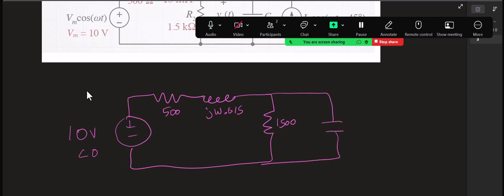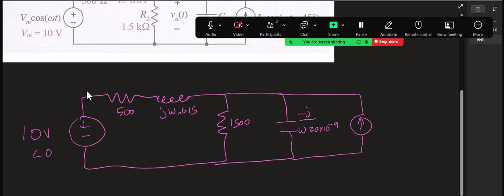Our capacitor is going to be minus j over omega, and it was 20 nanofarads, so 20 times 10 to the negative 9. And then we have a current source that was given to be 14.14 milliamps at an angle of negative 45 degrees. So that would be 0.014 angle negative 45 degrees.